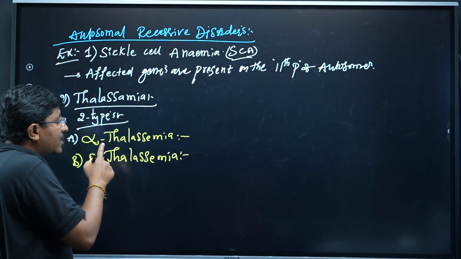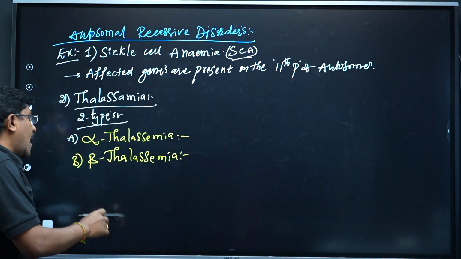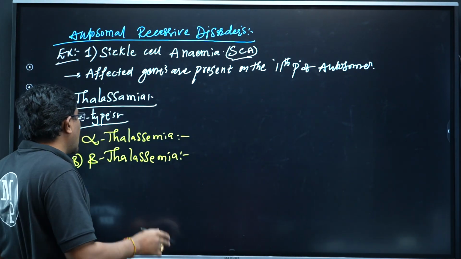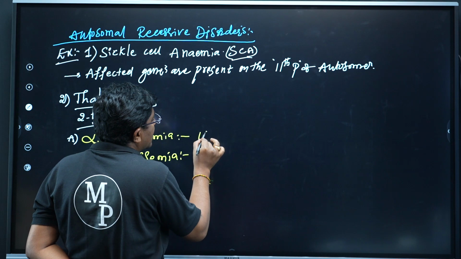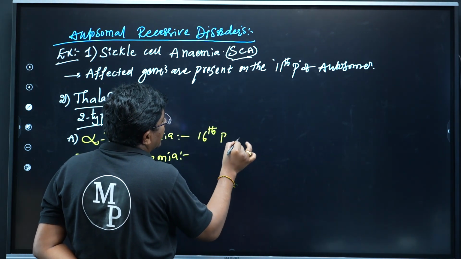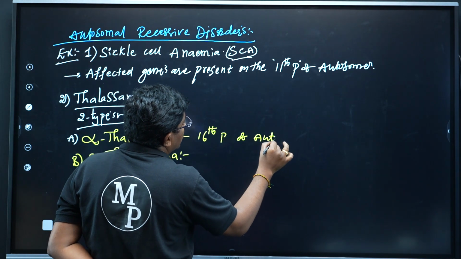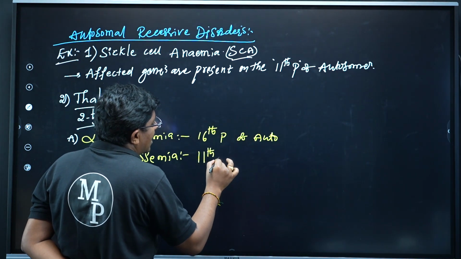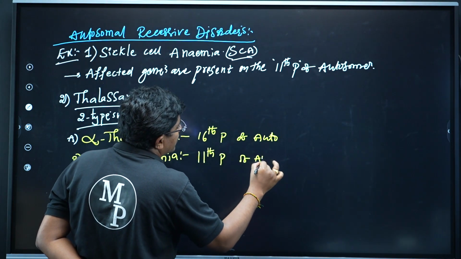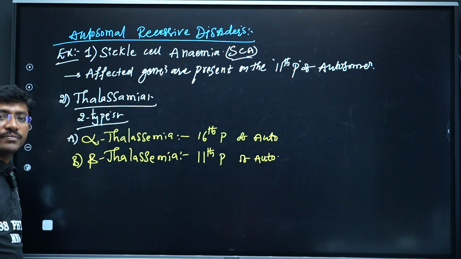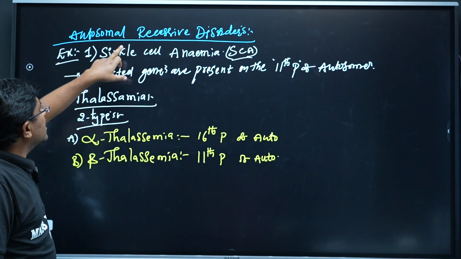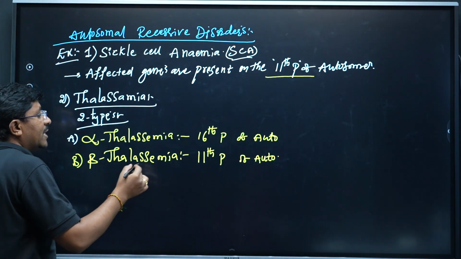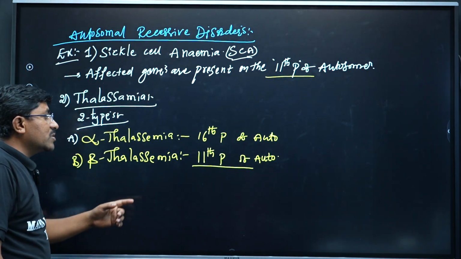Alpha thalassemia affected genes are present on one chromosome, and beta thalassemia genes are present on another set of autosomes. Alpha thalassemia affected genes are present on the 16th pair of autosomes, and the beta thalassemia genes are present on the 11th pair of autosomes. Sickle cell anemia affected genes are also present on the 11th pair.